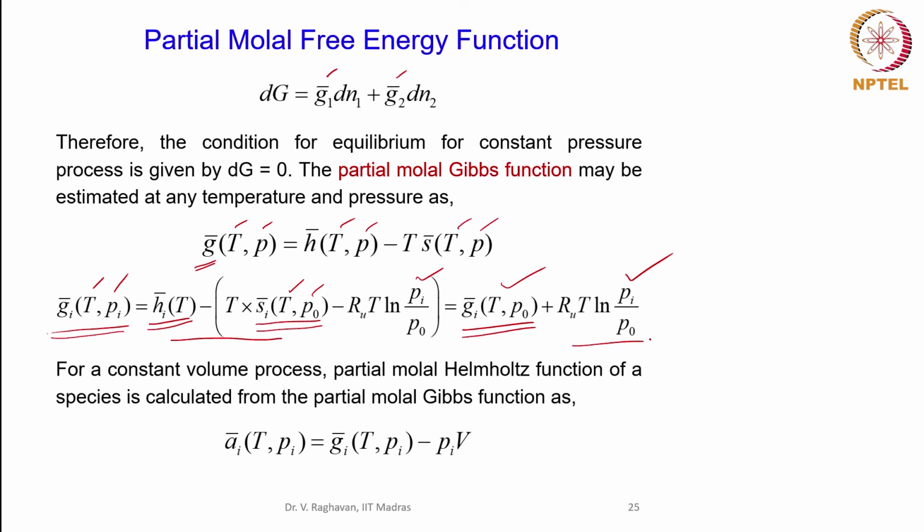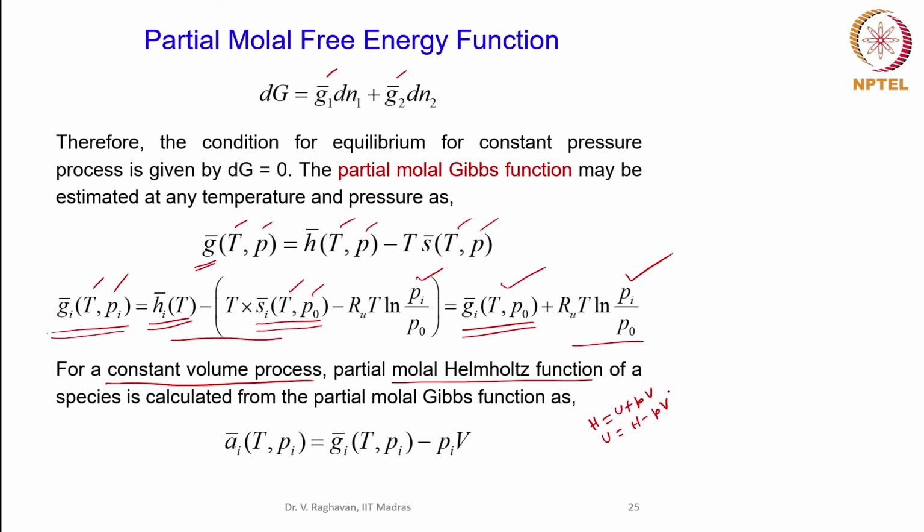Okay. Now, for a constant volume process you need the partial molar Helmholtz function A. So, how did we calculate internal energy? By first calculating the enthalpy, we calculated internal energy. So, use the definition of the enthalpy, H equal to U plus PV. So, we calculated U as H minus PV.